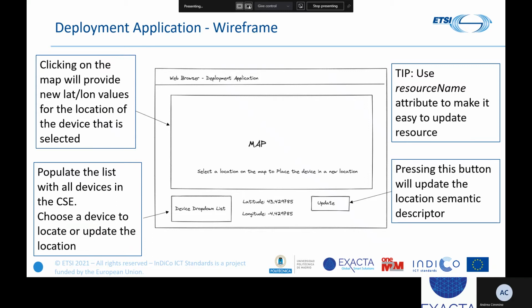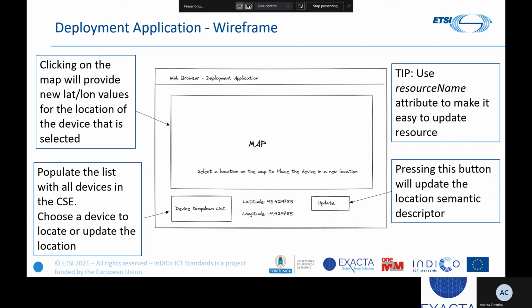So what'll happen in this application is, whenever a new device is registered to the oneM2M CSE, that device will be entered into the device drop-down list.